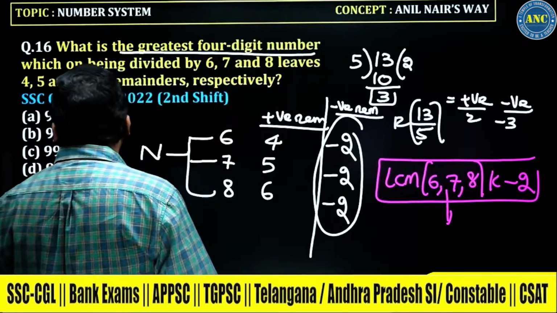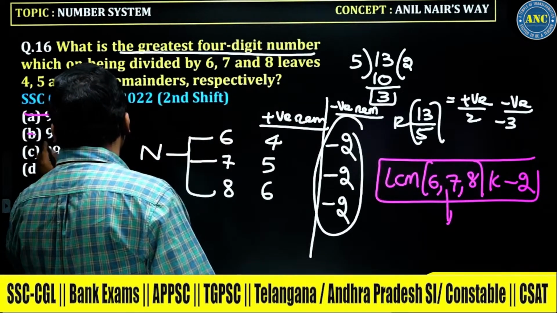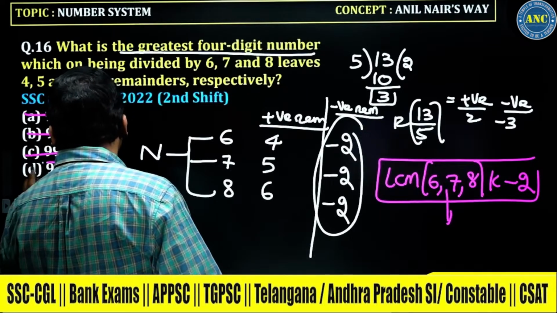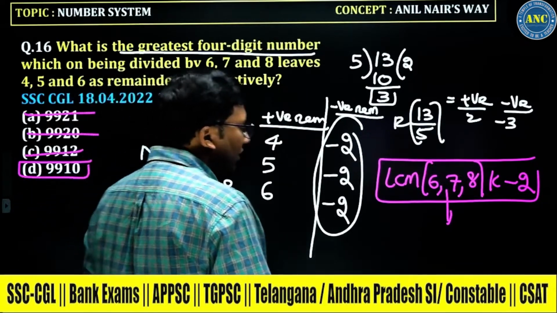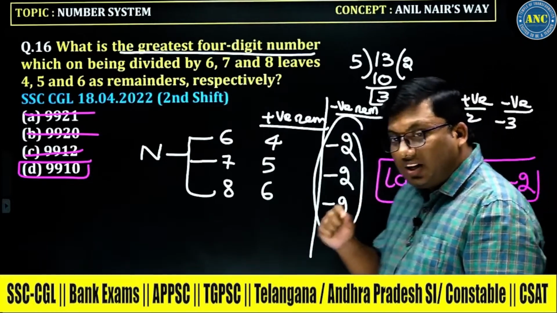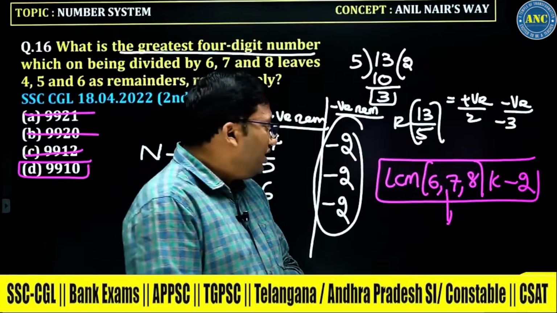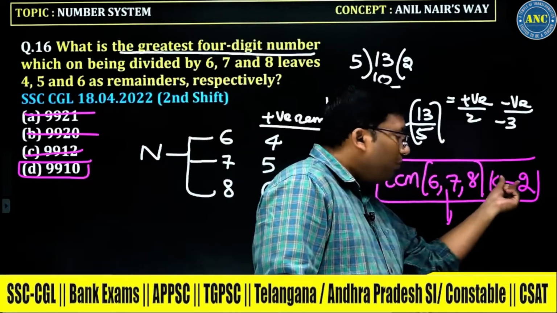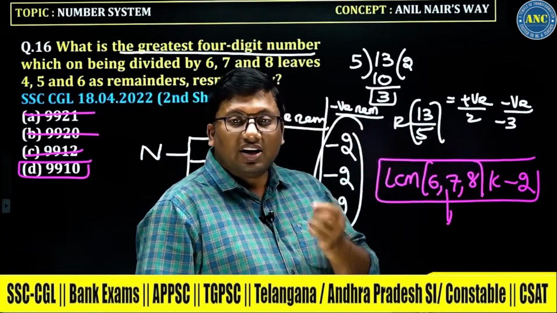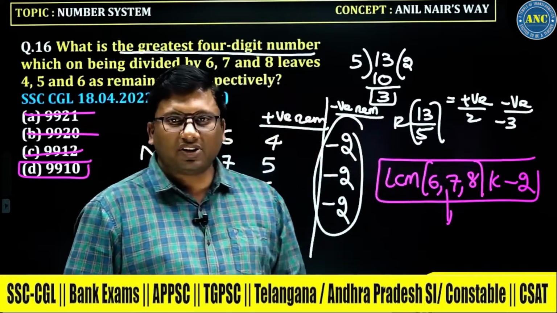The form is LCM of 6, 7, 8 into k minus 2. When divided by 3, this gives negative remainder minus 2, so the positive remainder will be plus 1.